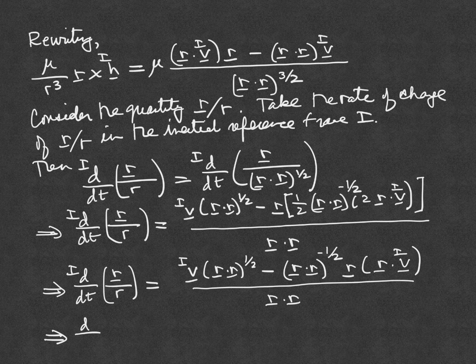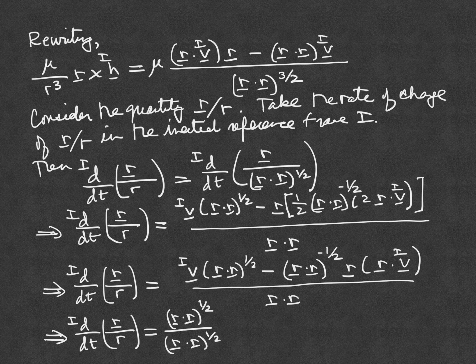Then I get d/dt in I of r divided by the radius. Now I'm going to take the numerator and multiply it by r to the 1/2. So I get r dotted with r to the 1/2, divided by r dotted with r to the 1/2.